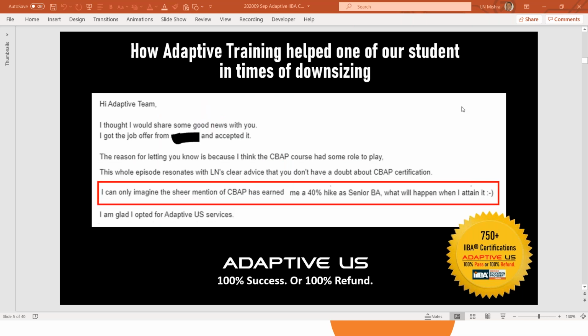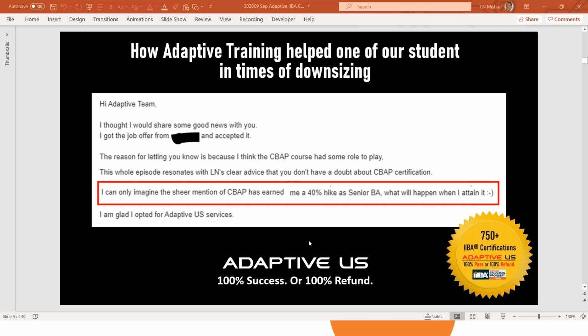There's another student, a girl, who also lost her opportunity. She enrolled in a program, and now she is again hired by another organization with a 40% salary increase. So these things are happening because these people are preparing themselves in a much better way.